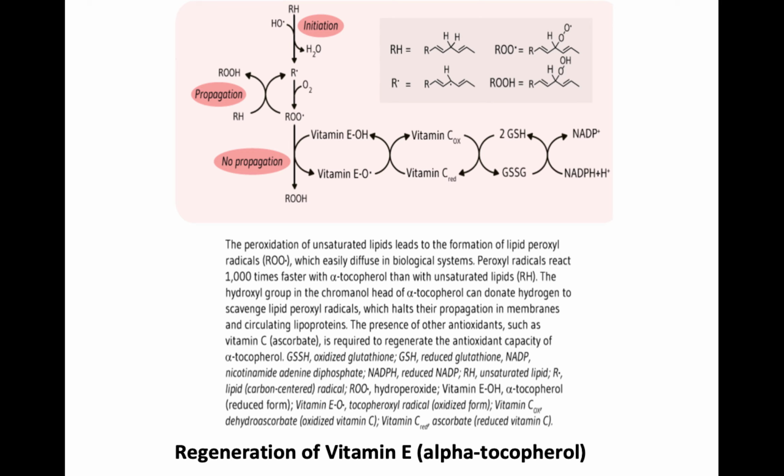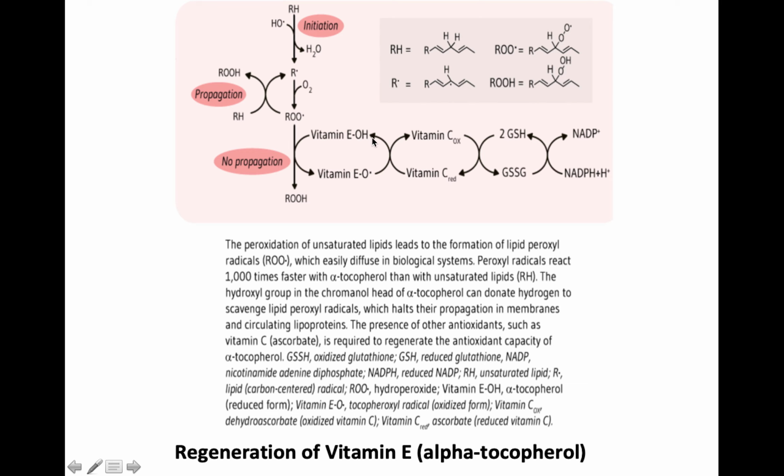As we can see in this slide, we are going to discuss the role of vitamin E. As we discussed earlier, the lipid peroxy radical is formed, which is called ROO dot. This lipid peroxy radical can be neutralized with the help of vitamin E, which is alpha tocopherol, having a hydroxyl group.